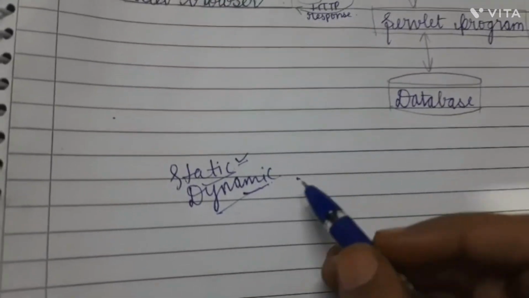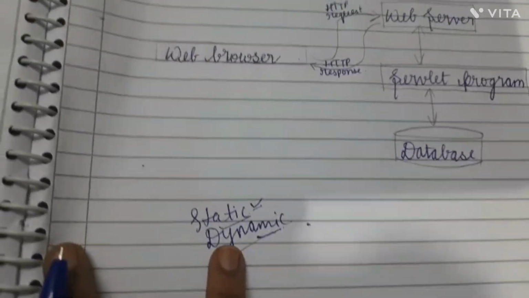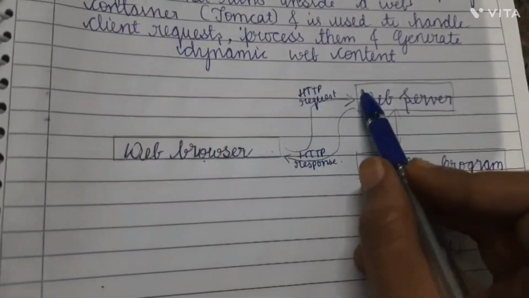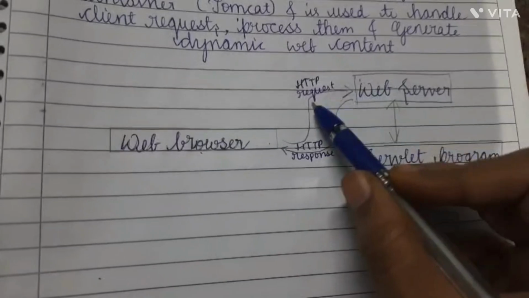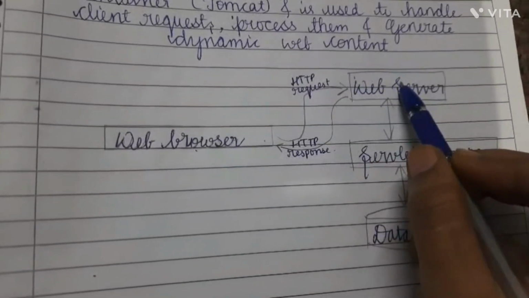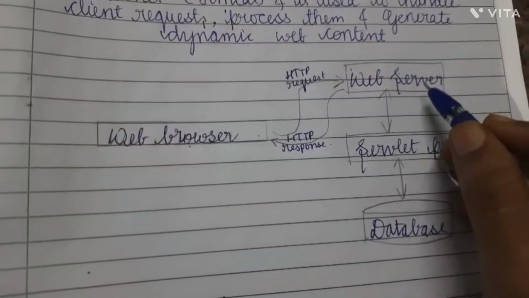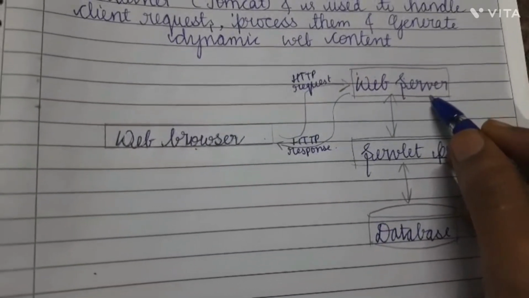So why is it called a dynamic page? What happens is, when we as a client send a request to the web server, it will check whether it is a static page which the user is requesting, or a dynamic page which the user wants.